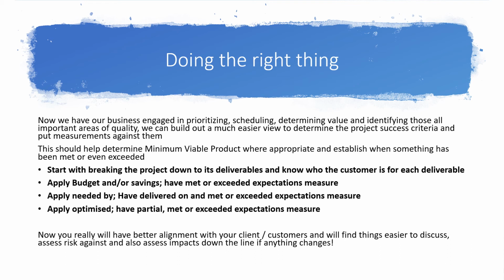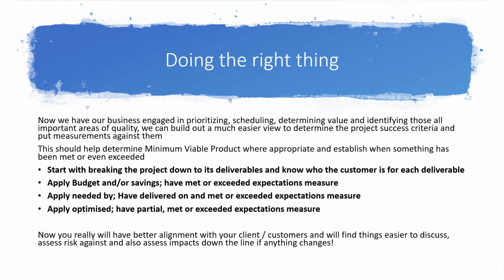Doing the right thing. Now we have our business engaged in prioritizing, scheduling, determining value, and identifying all of those important areas of quality. We can build up a much easier view to determine the project success criteria and put measurements against them. This should help determine things like minimum viable product where appropriate, and establish when something has been met or even exceeded.